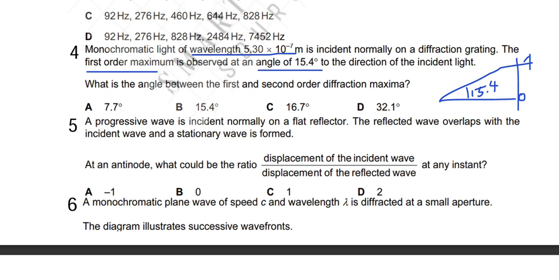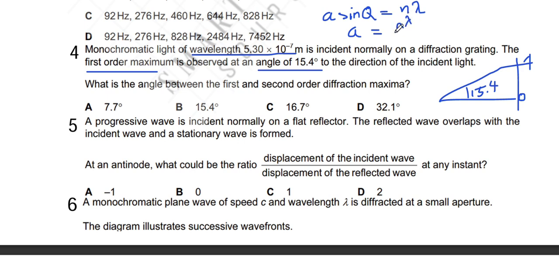So I hope you remember the formula, which is a sin theta equals n lambda. Now from here we need to find out the value of a, which is the gap between the diffraction grating lines.